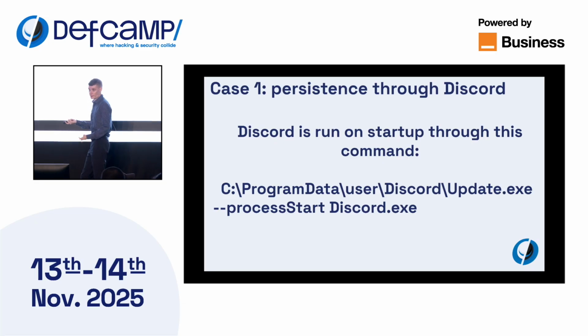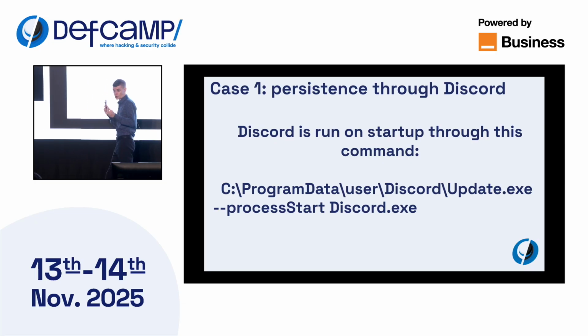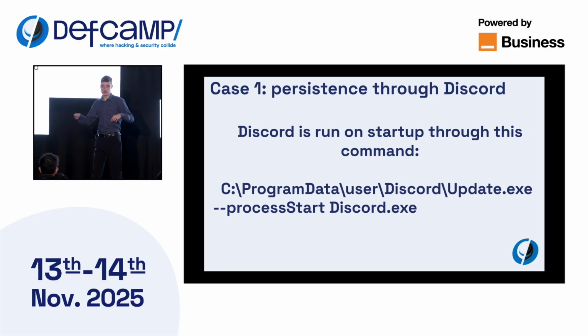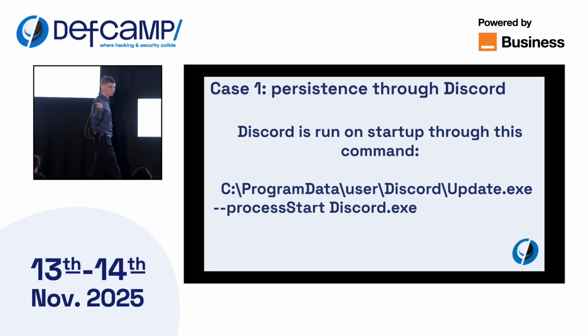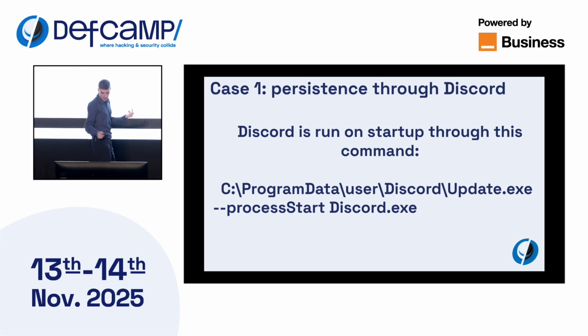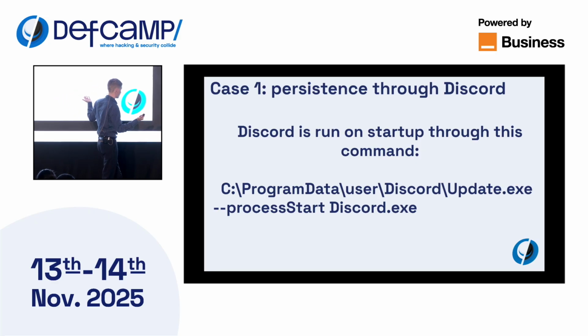Imagine that you are a threat actor. You want to silently persist on the victim machine, and you see that they have Discord installed. Discord, in most cases, is designed to launch on startup, and it runs on startup through this exact command.